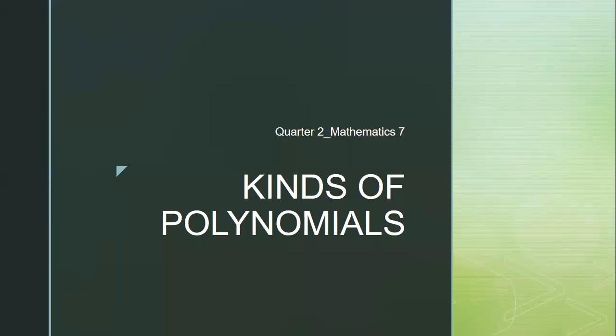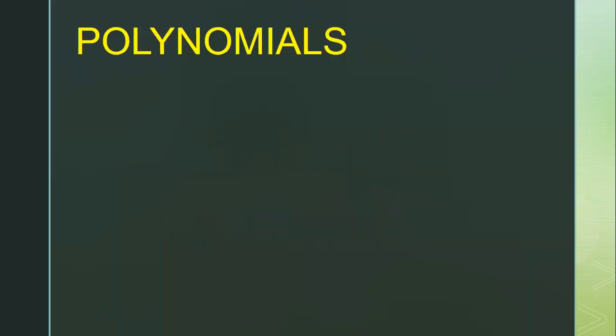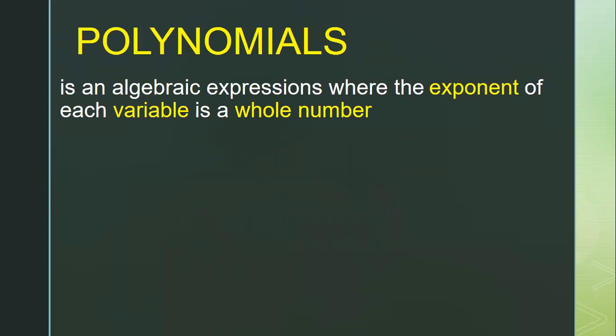Okay, let us discuss the kinds of polynomials. First, let us discuss what is a polynomial. A polynomial is an algebraic expression where the exponent of each variable is a whole number.